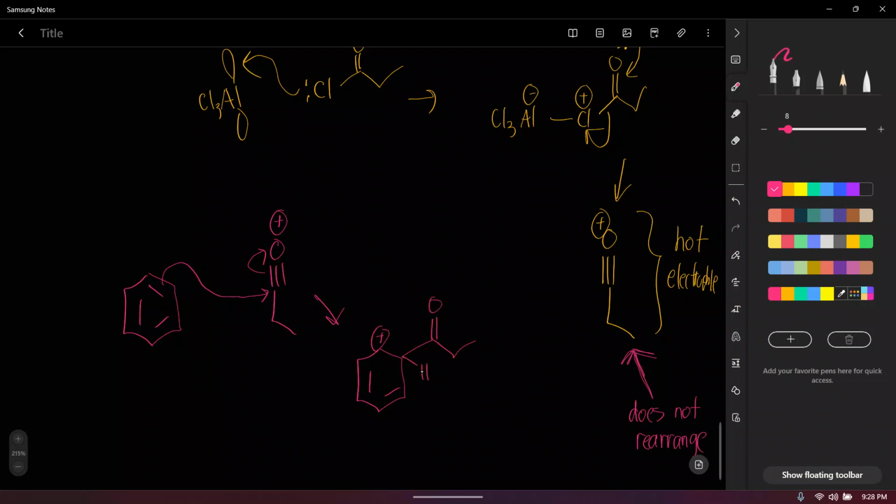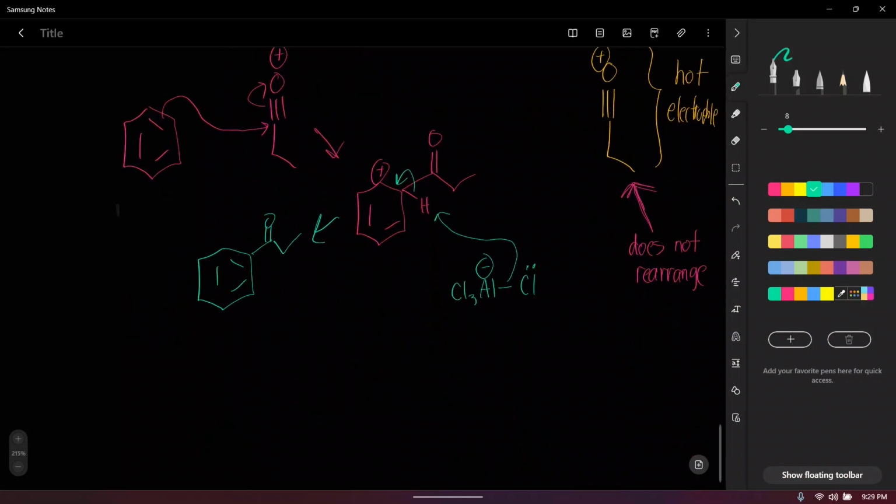And then last, but certainly not least, we know that I am going to deprotonate to restore aromaticity, such that the final product is that thing. Okay?